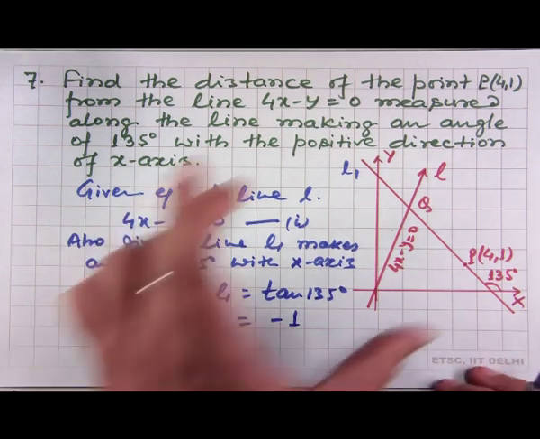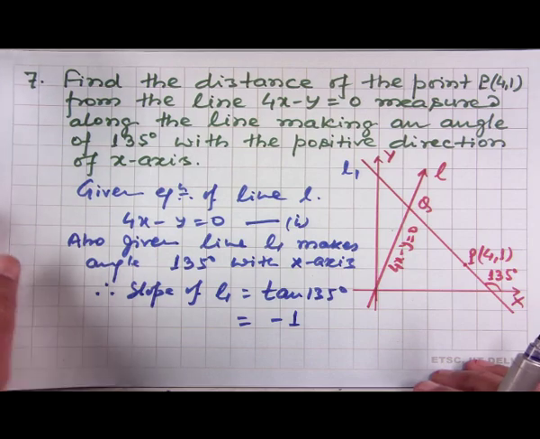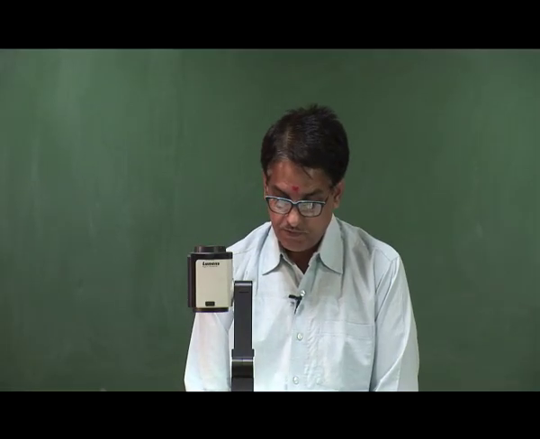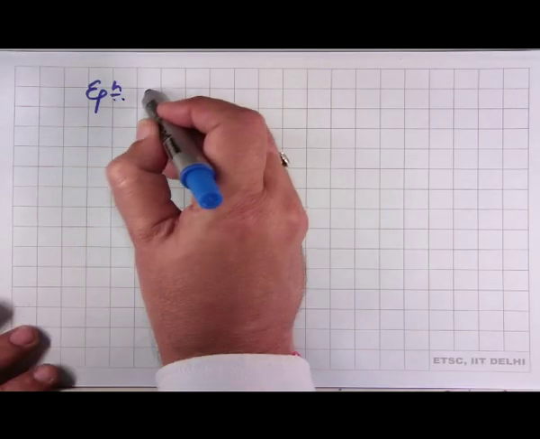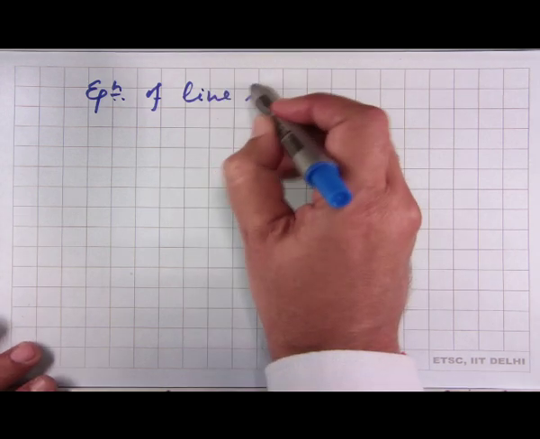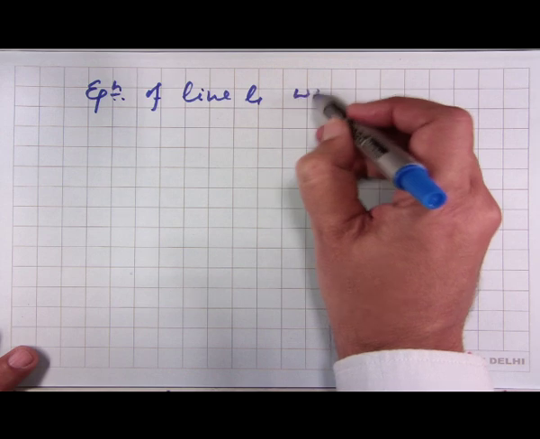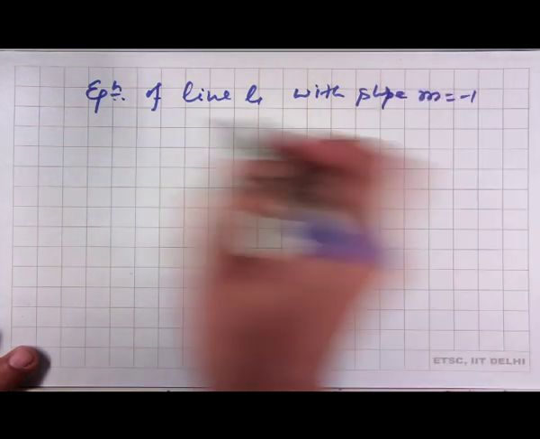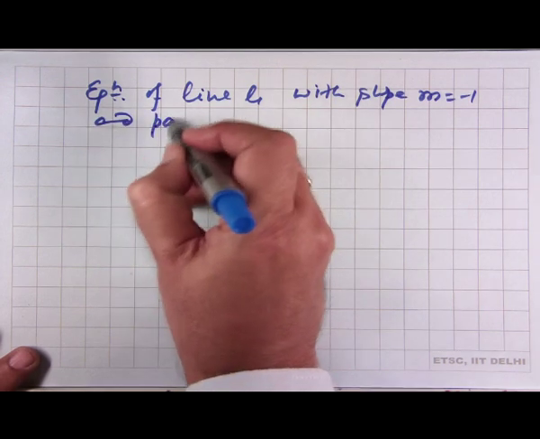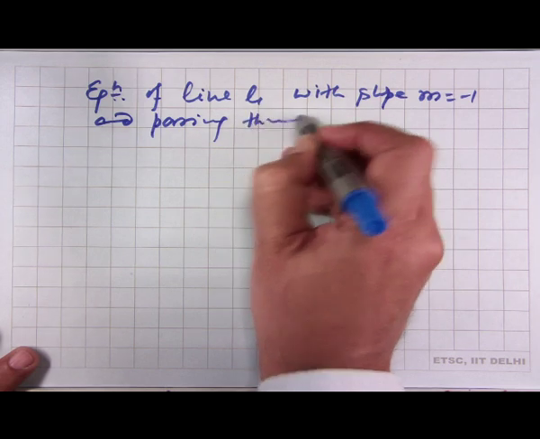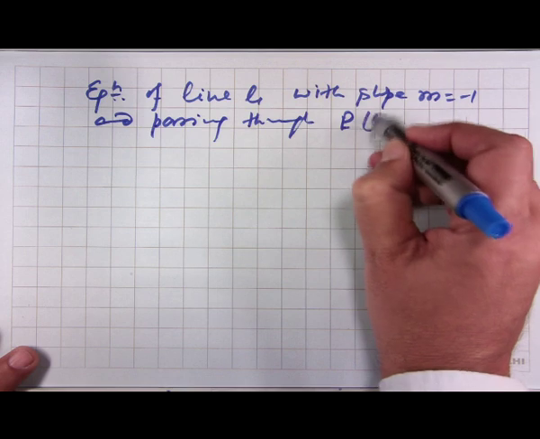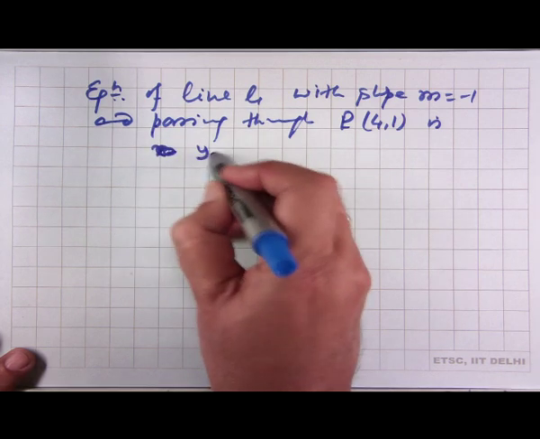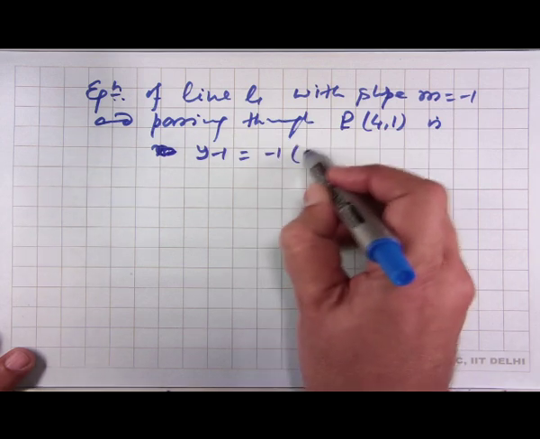Now, for this line we have two pieces of information: its slope is minus 1 and it passes through point P(4, 1). So the equation of line L1 with slope m equal to minus 1 and passing through P(4, 1) is y minus 1 equal to minus 1 times (x minus 4).